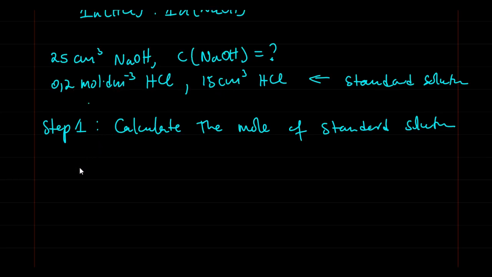You will notice that the volume is given in cubic centimeters and we want it in decimeter cube. Why? Because our concentration has decimeter cube on it. So what am I going to do? I'm going to take the volume, 15 cubic centimeters, divided by 1000 cubic centimeters multiplied by 1 decimeter cube.